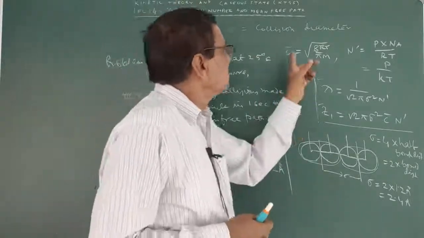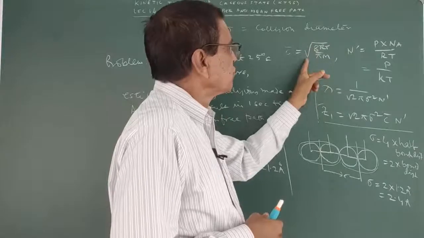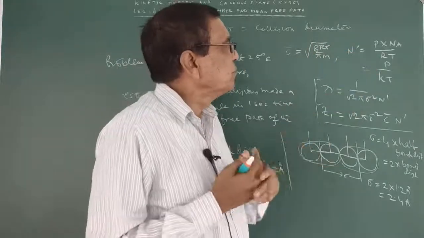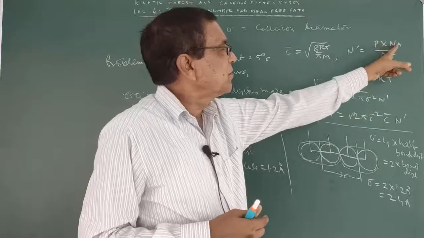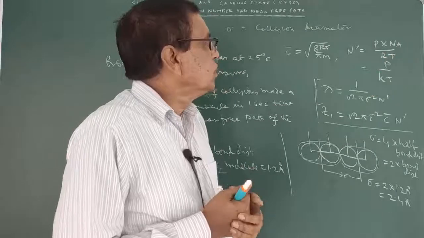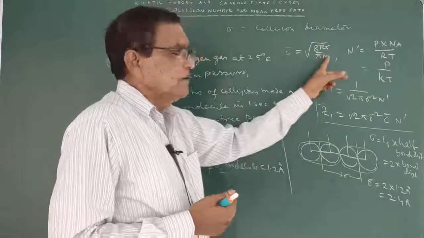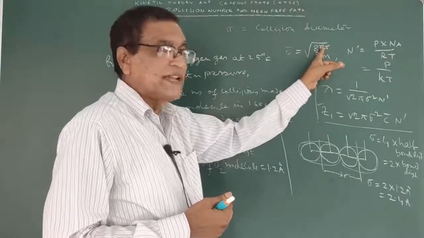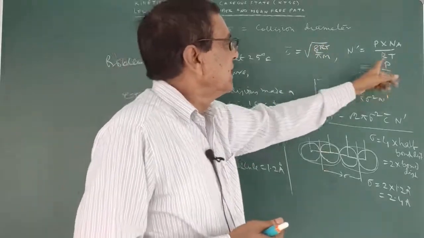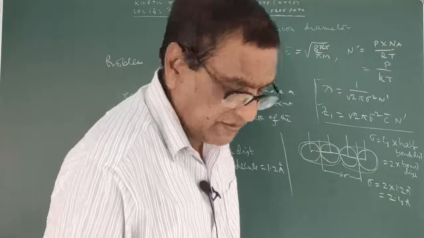So C bar we can calculate as root over 8 RT by pi m, and n dash is already formulated: P times Avogadro number divided by molar gas constant and temperature. Here m is the molar mass, R the molar gas constant, T the temperature. All these formulas are given.